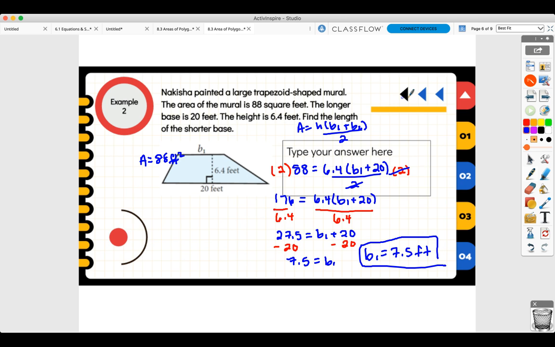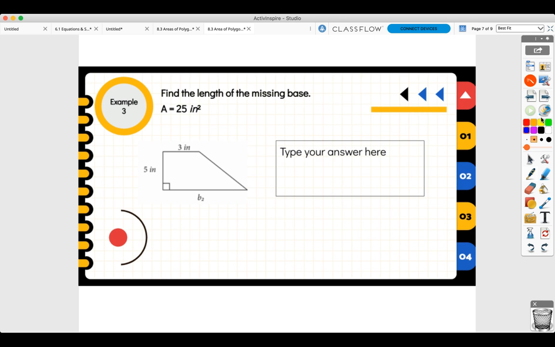Let's do another problem, okay? So again, our formula is area, or maybe you should pause the video here and try it out yourself to see if you can get the value of base 2. All right, welcome back. Or if you weren't sure what to do, it's height times base 1 plus base 2 divided by 2.